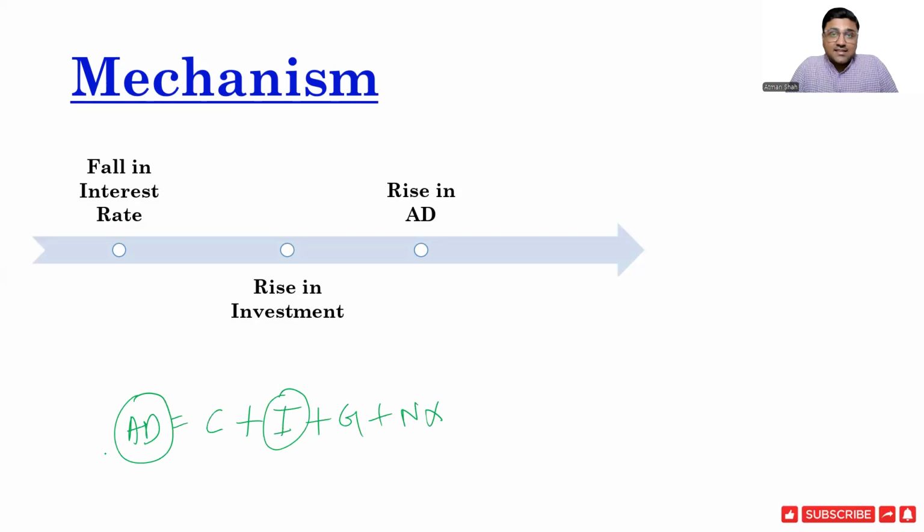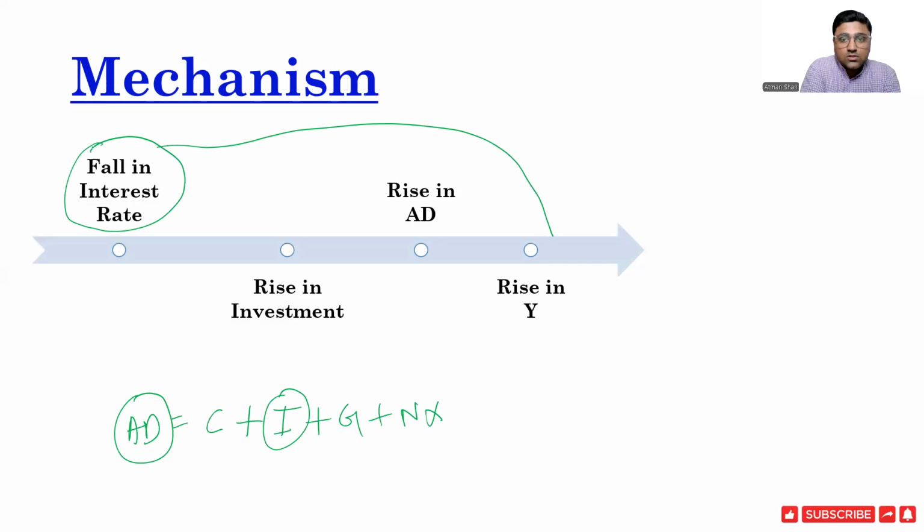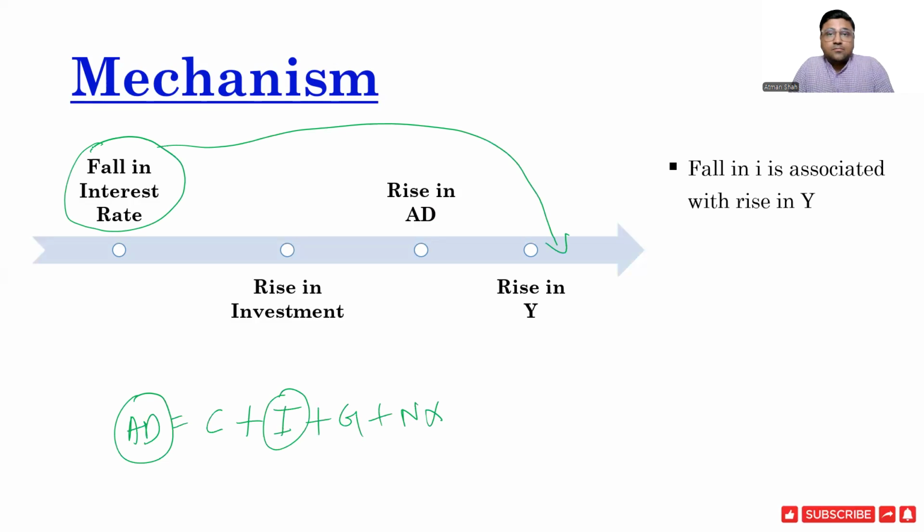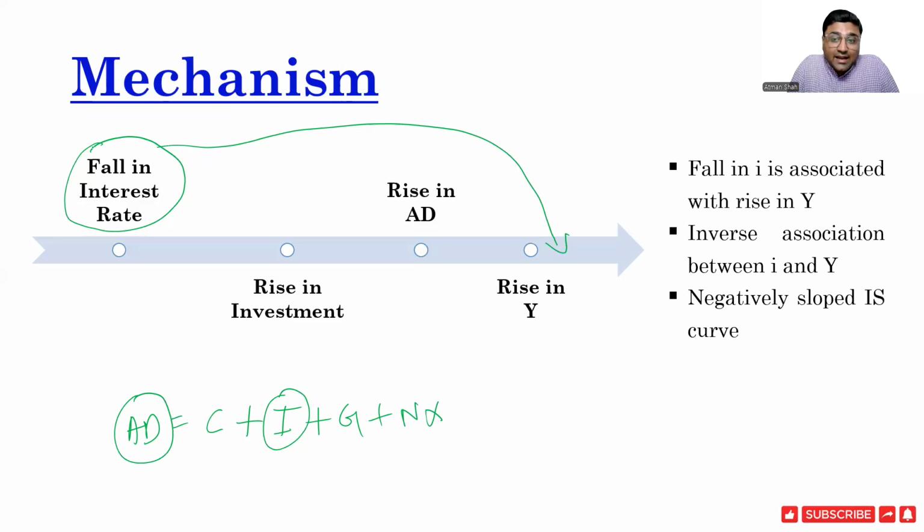And this rise in aggregate demand leads to a rise in the level of output. So here you can see a fall in interest rate is associated with a rise in income. And therefore, we have the inverse relationship between the level of interest rate and the level of output. So we will get a negatively sloped IS curve.